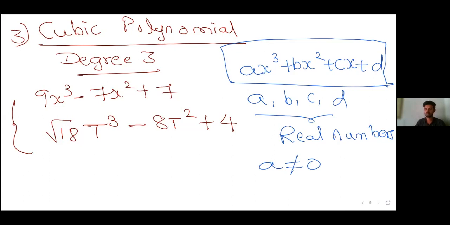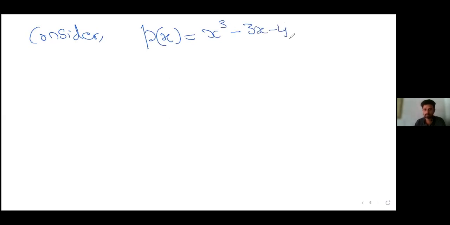Next, let us consider an example, that is p of x is equal to x cube minus 3x minus 4. What if I put x is equal to 2? Since x is a variable, I put the value 2 in the place where there is x.